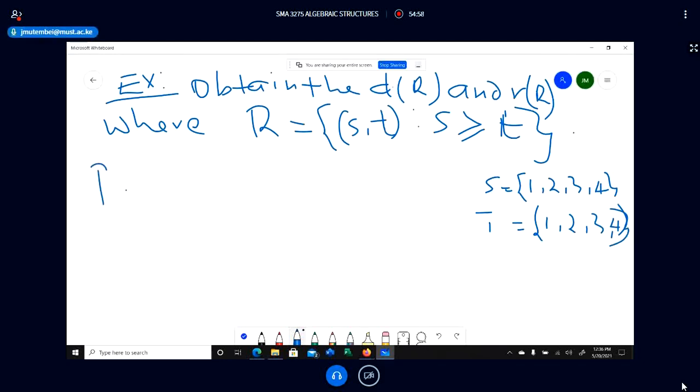And now my R is defined as ST such that S is greater than or equal to 4. So equality is accepted and now greater than. So my ordered pairs will look like this. I can have 1, 1 for equality.